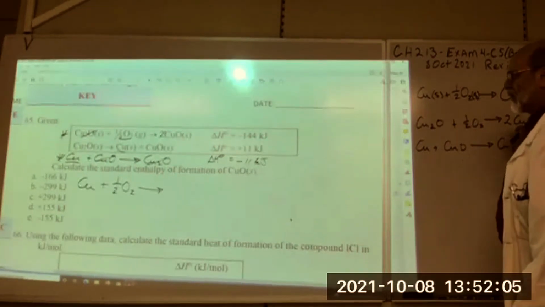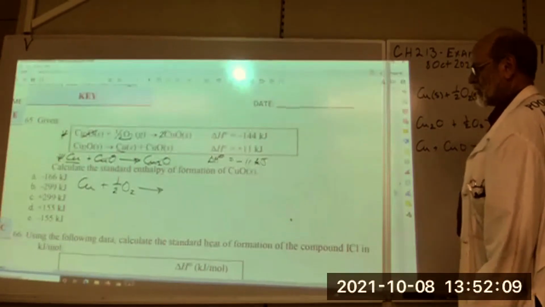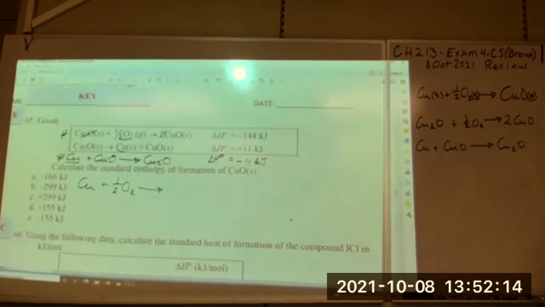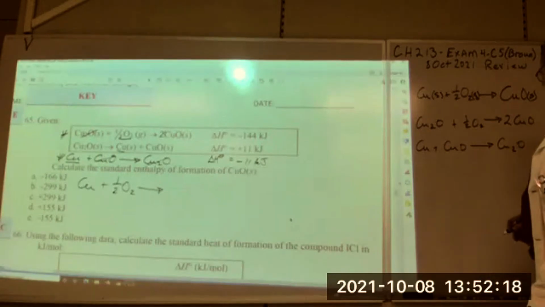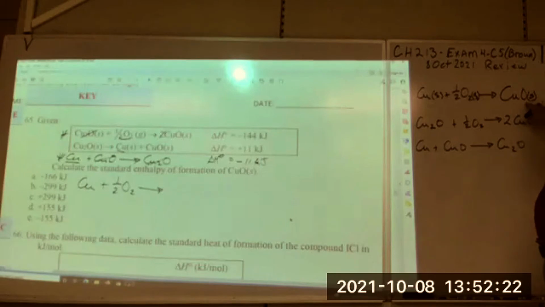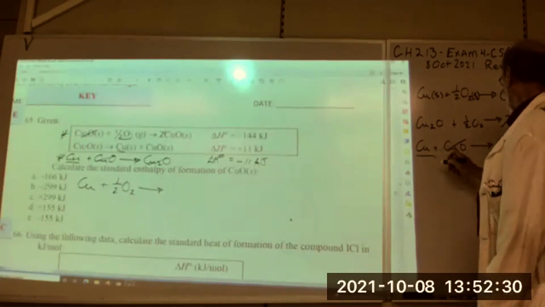That leaves us with a copper oxide here. I wonder if that equation is written correctly. Oh, duh. Nobody's going to correct me. That's what we want. We want one on this side, right? So that cancels that, leaves one of these, cancels that one, leaves one of these.